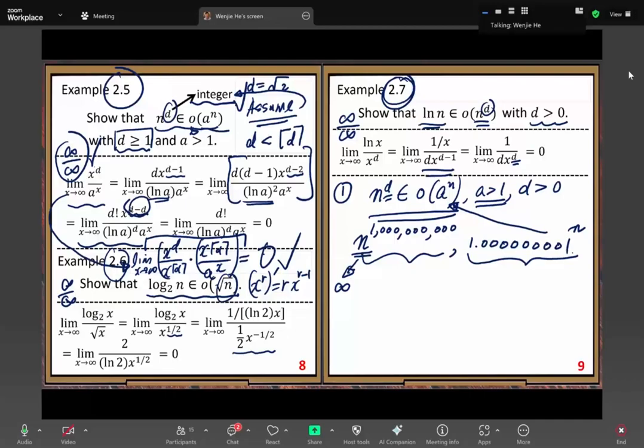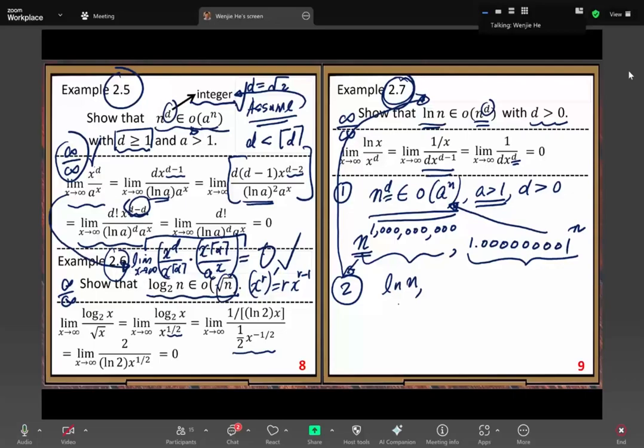I have a few minutes, so I want to talk about the second case. We need to connect to this example 2.7, where we compare another two functions. The first function is the natural log of n.